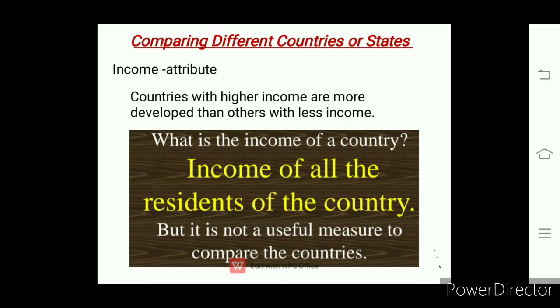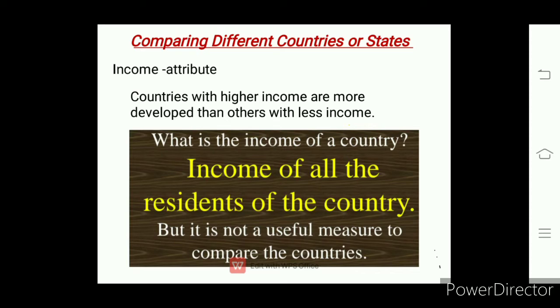What is national income? Income of all the residents of the nation, income of all the individuals. So total income we have taken as a criteria for measuring the development of the nation or comparing the nations, right?